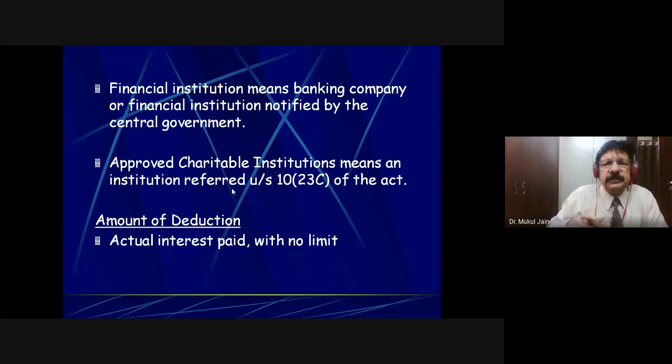And what is the amount of deduction? So actual interest paid with no limit, and there is no limit of the amount over here. So the time limit is up to 8 years you can avail, but there is no limit of the amount. Here your amount of deduction can exceed your income also.